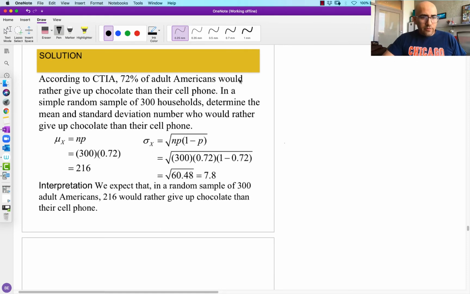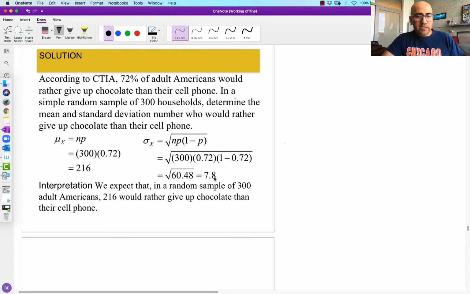Okay, so let's see what your author did for these. Your author gave us the same results. So the mean of the random variable is equal to n times p, which is 300 times 0.72, which is about 216. And the standard deviation of a random variable is the square root of npq. Remember, q is 1 minus p. So 300 times 0.72 times 0.28, square root of the whole thing, gives you approximately this.